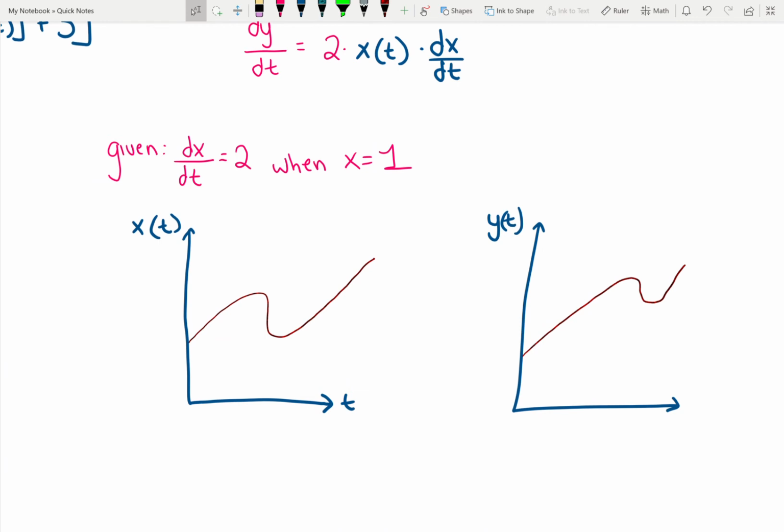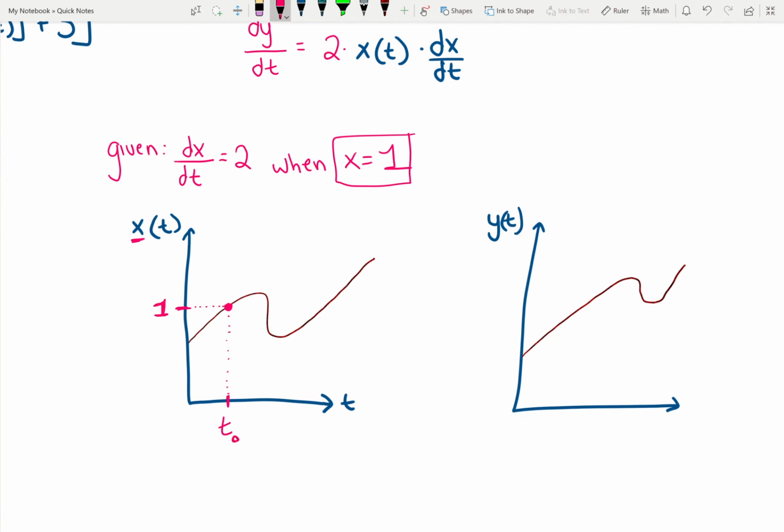So they're saying that when x equals 1, so here's x, let's just pretend this is x equals 1. Let's just call this time t naught. Okay, is that okay with everyone? T0, t naught.